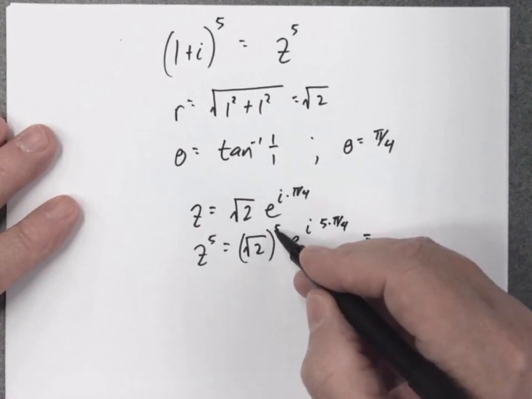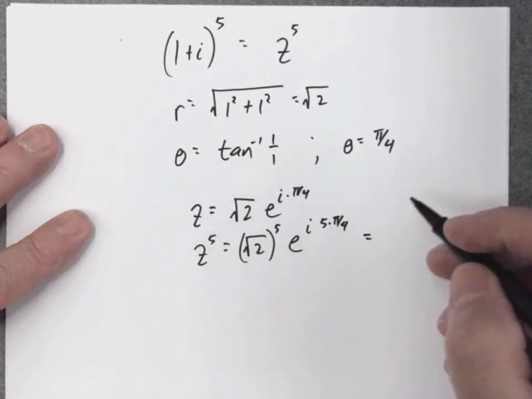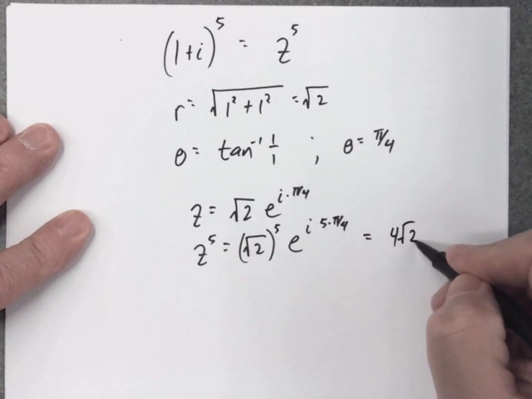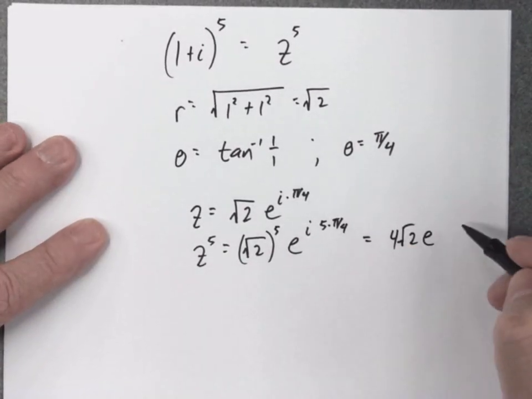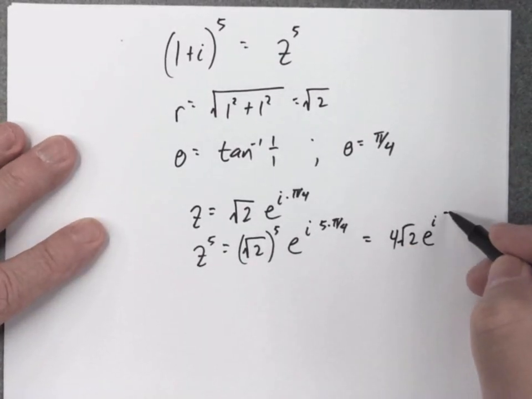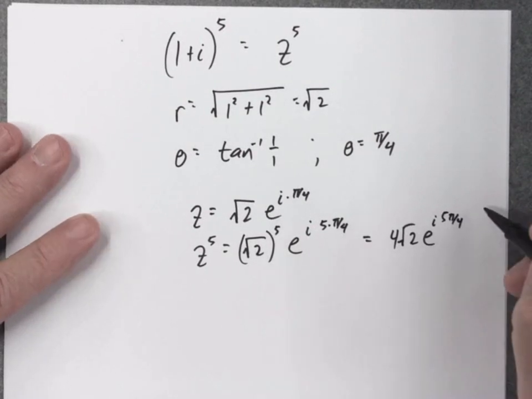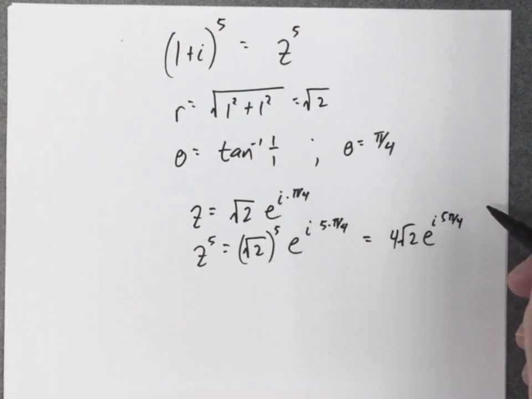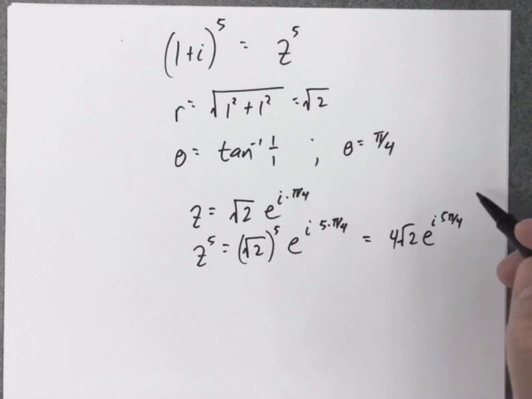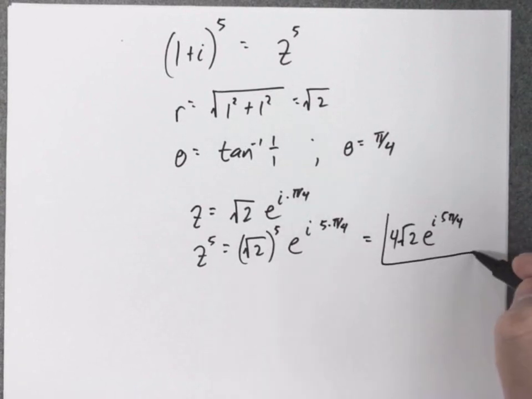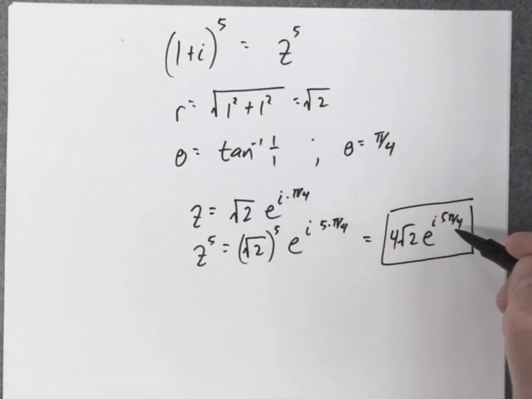So square root of 2 raised to the fifth power is 4 square root of 2. So this is going to be e to the i 5 pi over 4. So that is the exponential form. Pretty simple, huh?